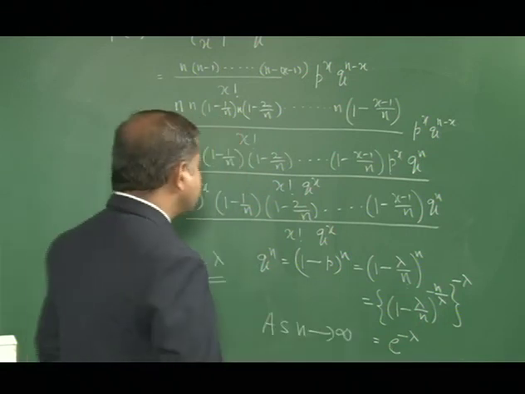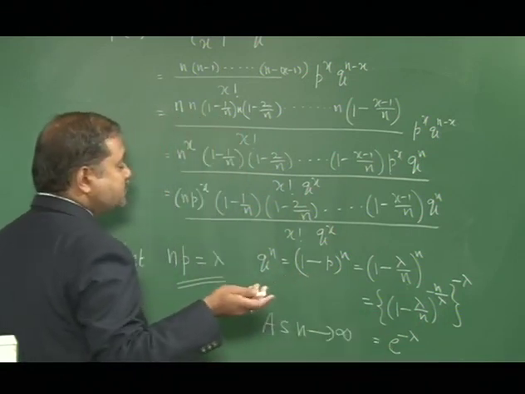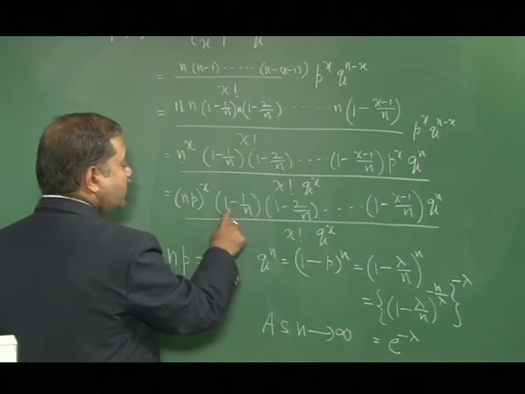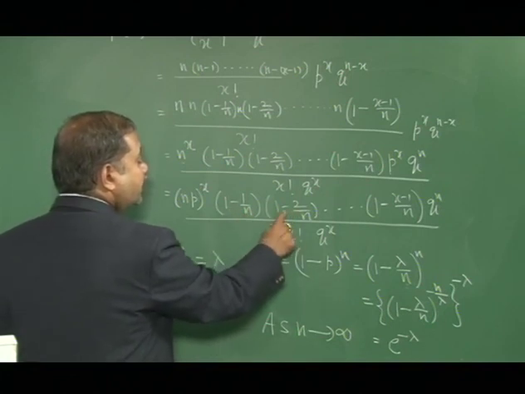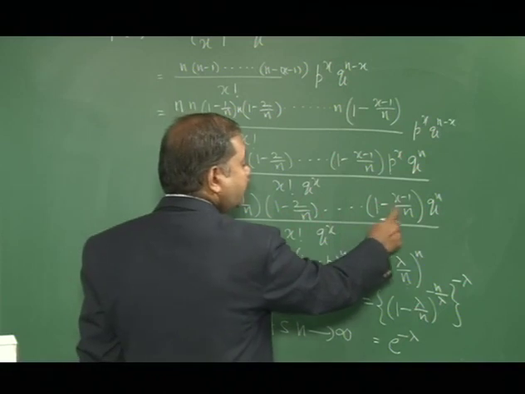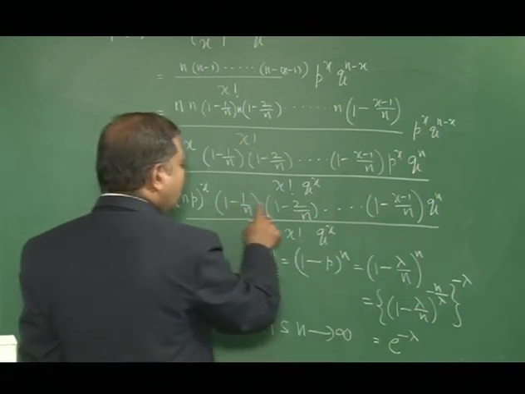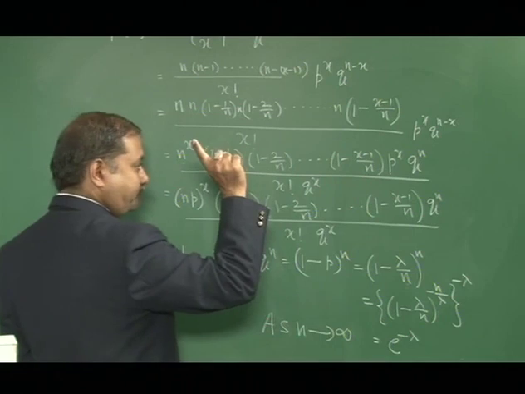Now I am showing, just see what happens as n tends to infinity, this will become 0. So here I will get 1, here also I will get 1, here also I will get 1. So this total product is going to be 1.